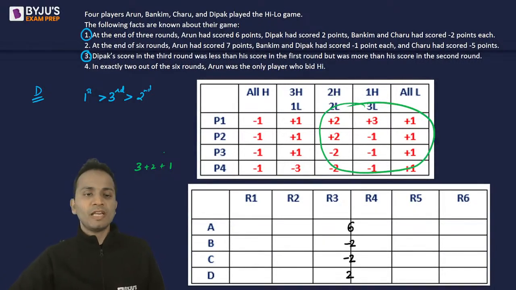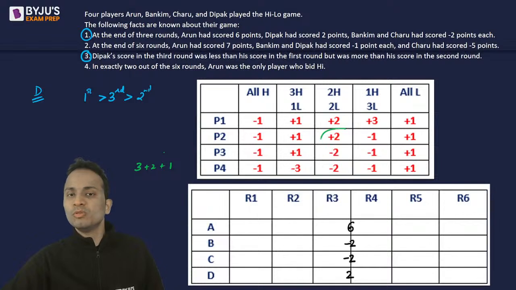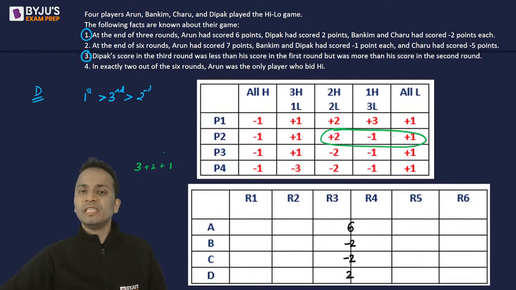First of all, Deepak will have a +2 at the end. So how can I make +2? I can make +2 with these 3 scores. So the 3 scores of Deepak are +2 -1 and +1. Out of these 3 scores, his score in the first round should be greatest.